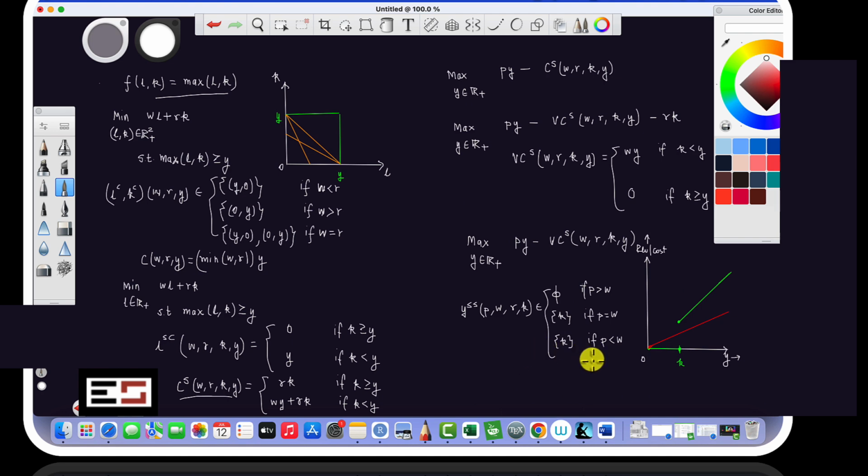Okay, and if p is equal to 0, and it is less than w, so this is basically when p is positive. Let me just rewrite this. You can just write it like this, that w is greater than p is greater than 0. Okay, this is w is greater than p is equal to 0.